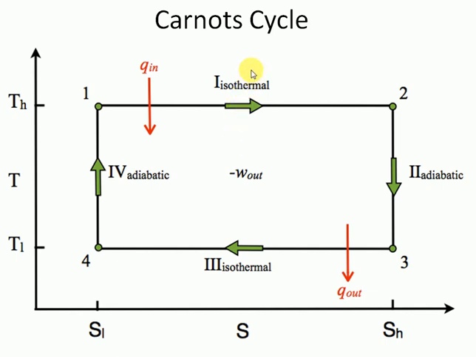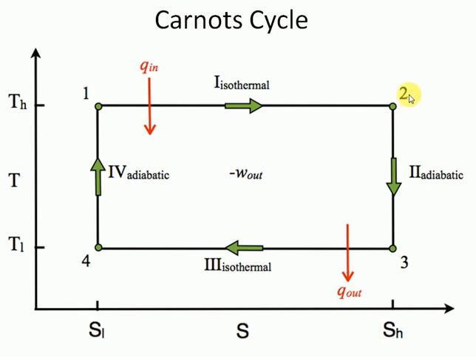In this process heat is added. As this is the heat addition process, the entropy will increase and the temperature remains constant. That's why process 1 to 2 is called an isothermal process.